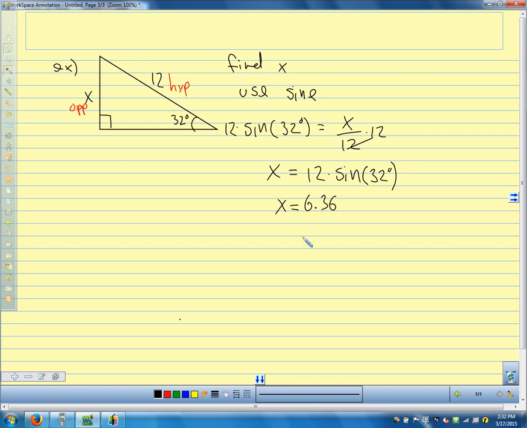If you need help getting your calculator working, during work time or tutor time, I can show you. So there's what we do, and all of our problems are going to be some variation on that set of steps.